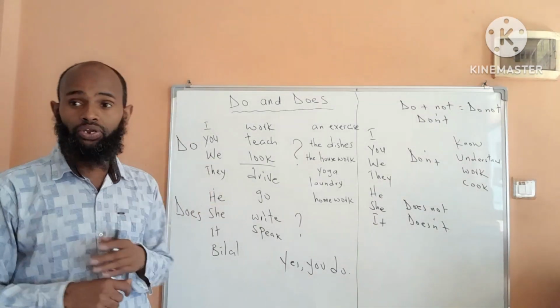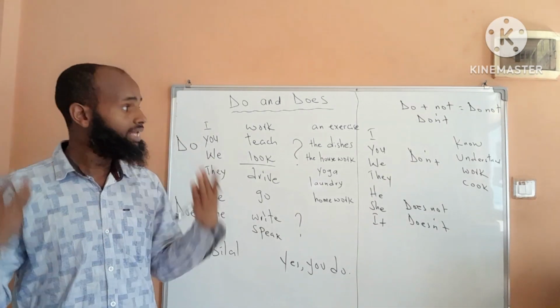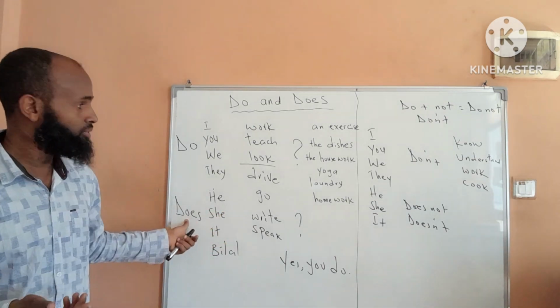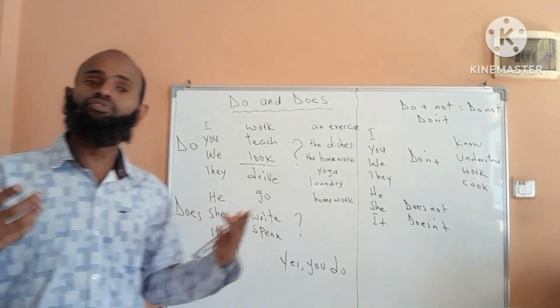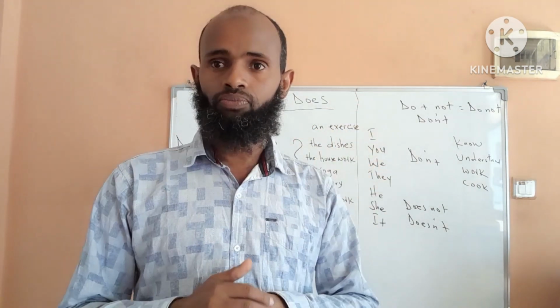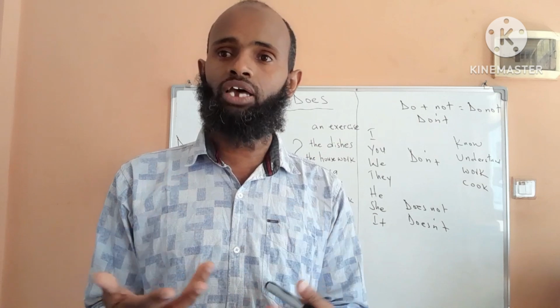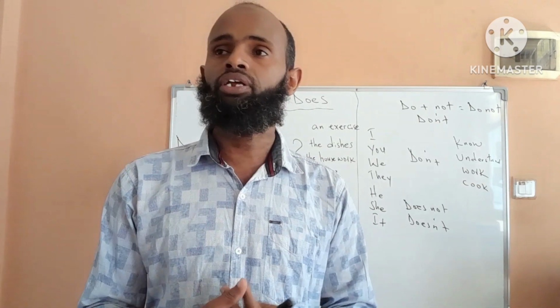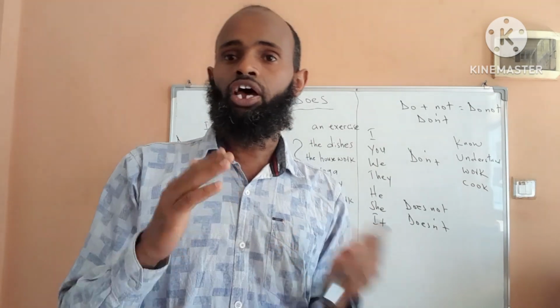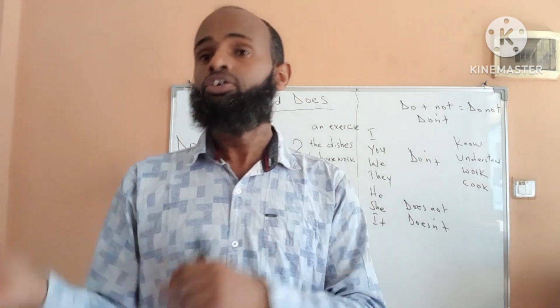This is the way we do it in negatives and in questions. So, we have learned three uses of "do". The first is as a main verb: I do yoga, I do an exercise, I do the housework, I do the homework.